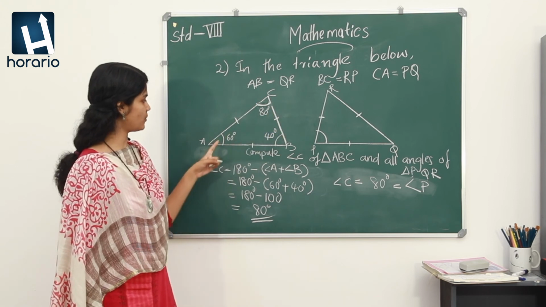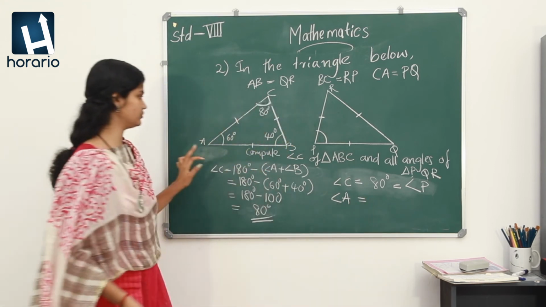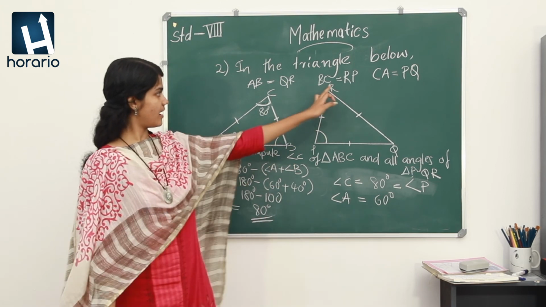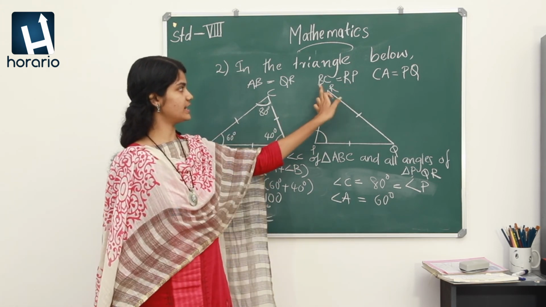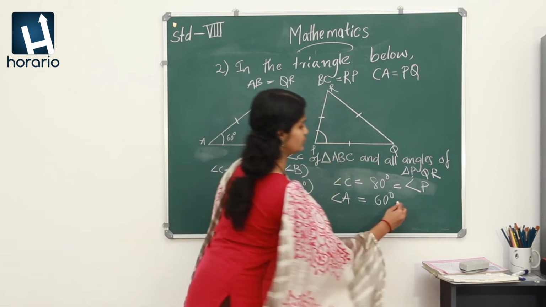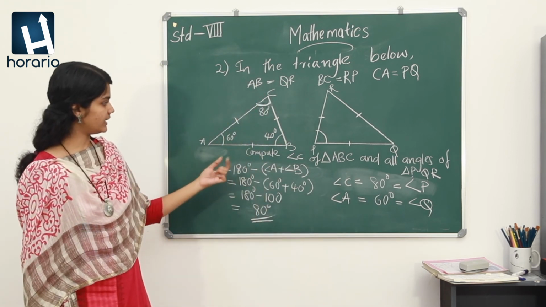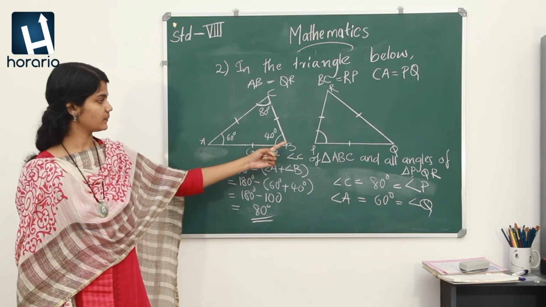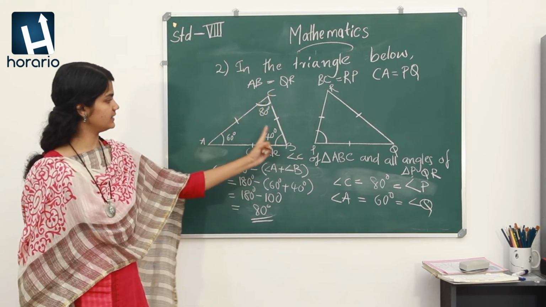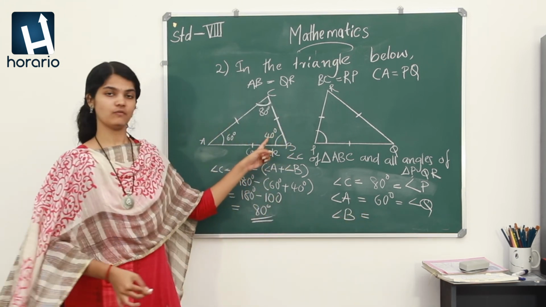Okay, so BC's opposite angle is angle A. That's equal to 60 degree, and here the equal sides are BC equal to RP, that is RP's opposite angle is angle Q. Now, what is the remaining angle? It is 40 degree, right? So, AC's opposite angle or CA's opposite angle is angle B, which is equal to 40 degree.